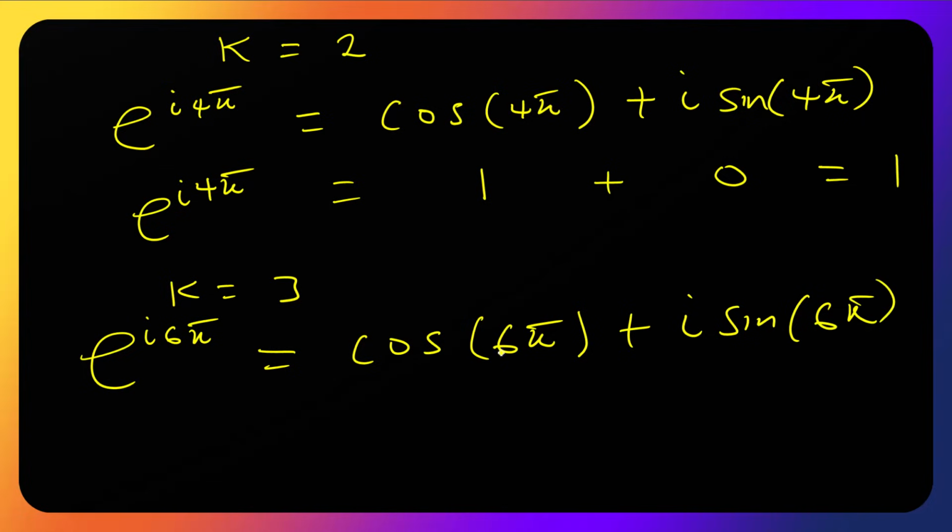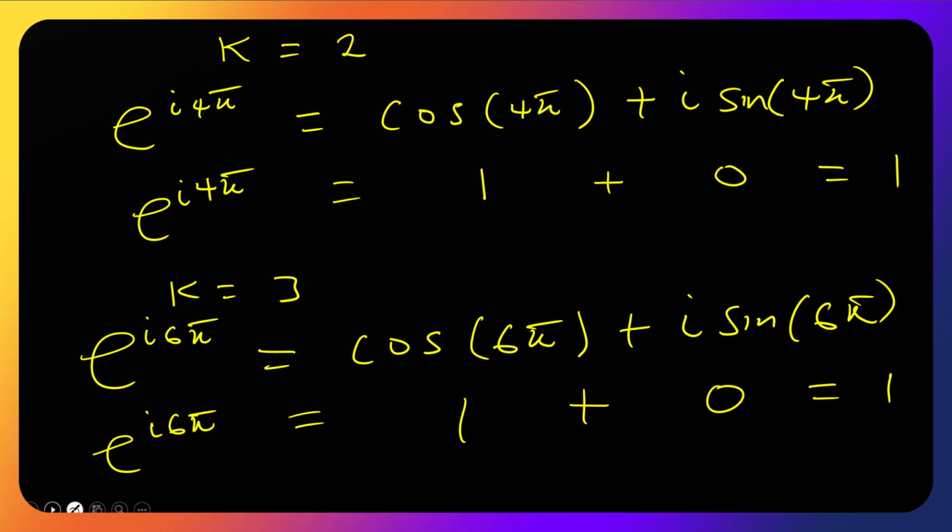Same thing, they are in the same period. This side is 1 and this side is 0, so e raised to i 6 pi is 1. Therefore, everything is 1.